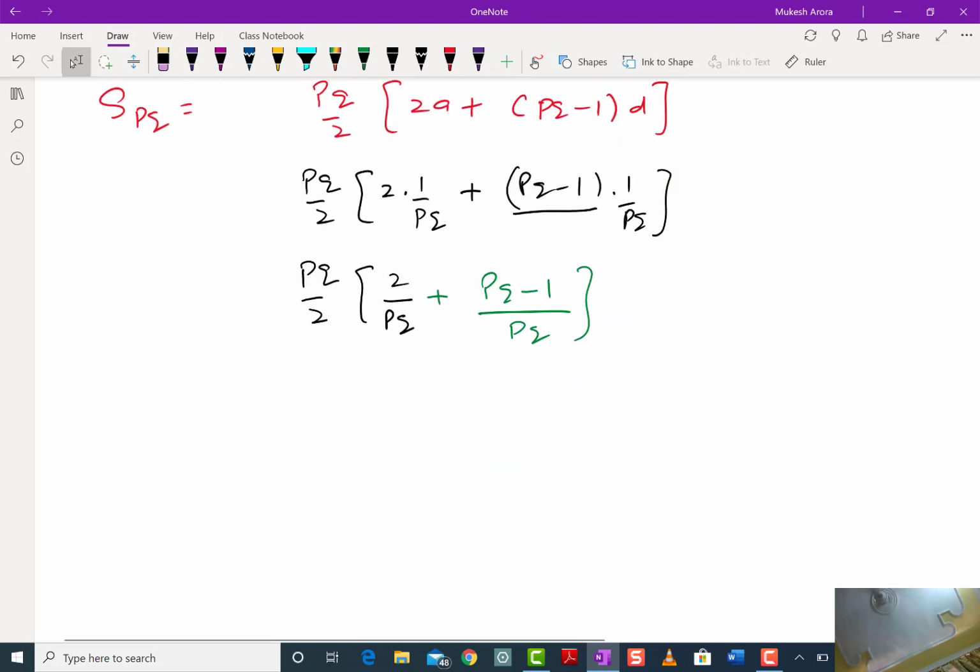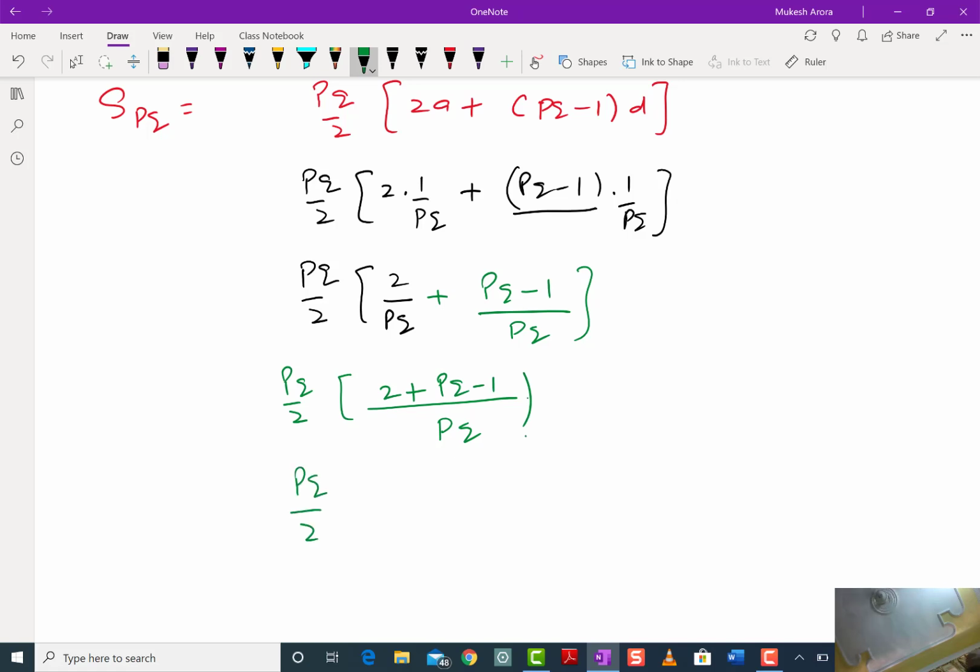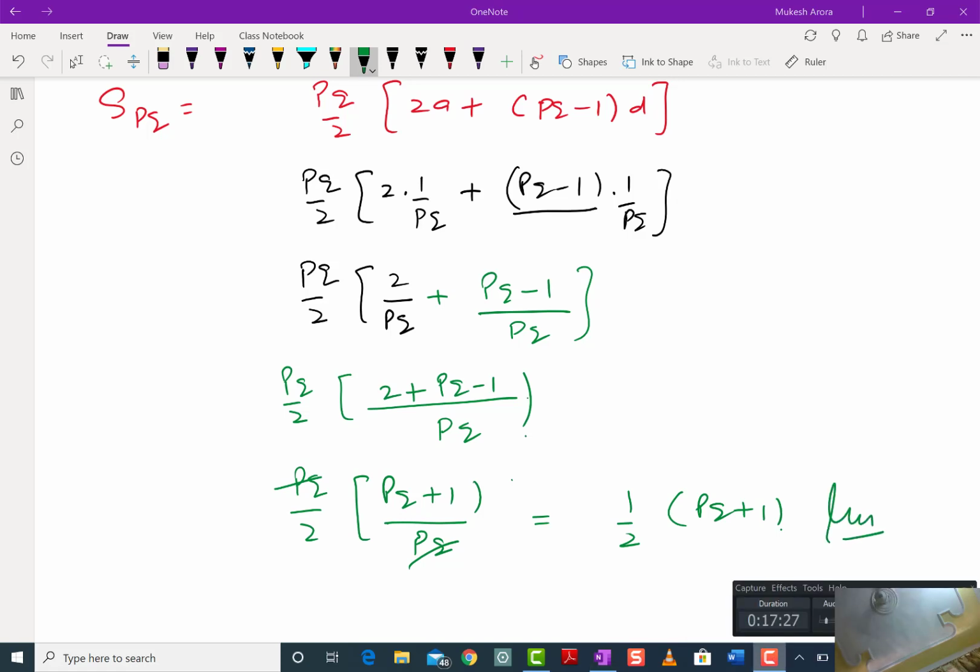So PQ by 2, LCM will be PQ. This is 2 plus PQ minus 1, right? So it will be PQ into PQ plus 1 by 2 PQ. This is also cancelled. So the answer is PQ plus 1 by 2. So that is all.